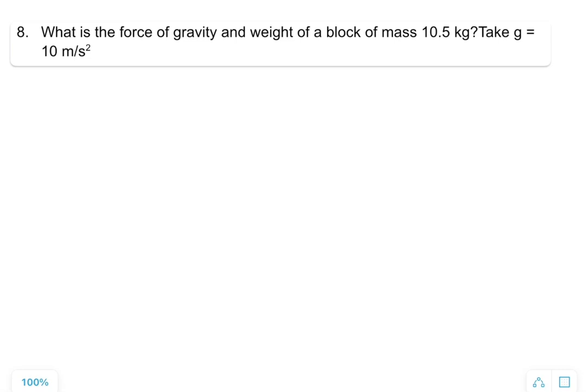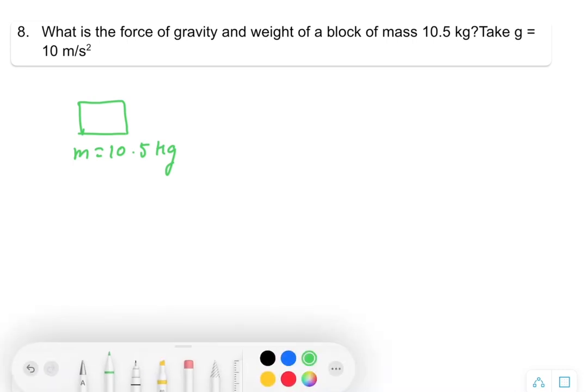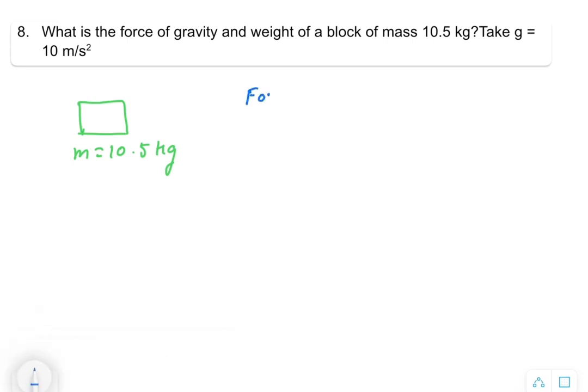What is the force of gravity and weight of a block of mass 10.5 kilograms? Take G equal to 10 meters per second square. So there is a block. It is having mass of 10.5 kilograms. Now, force of gravity is weight.